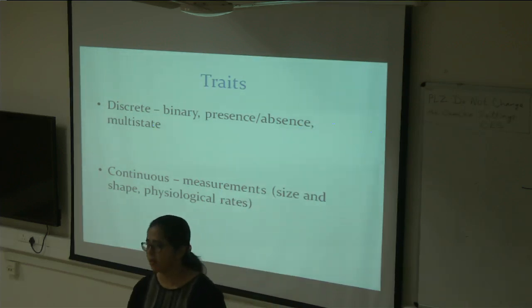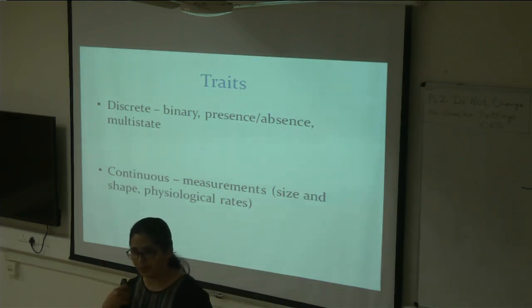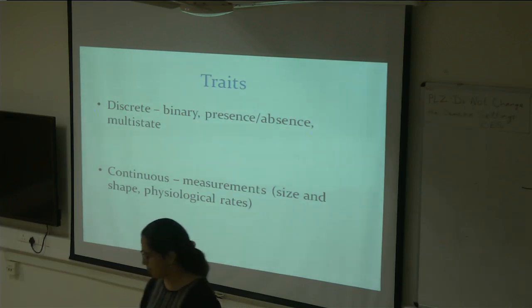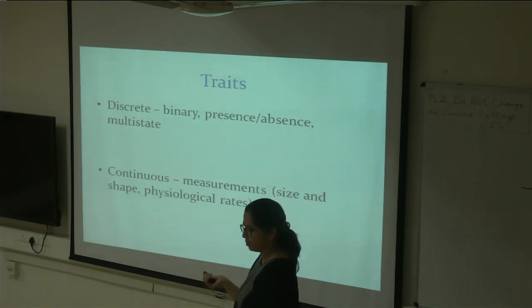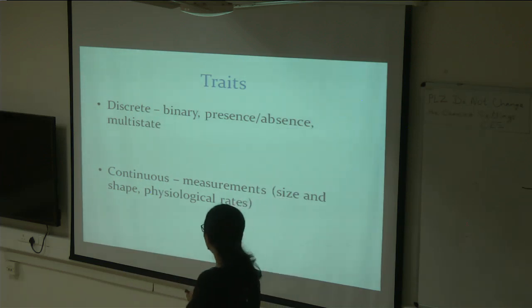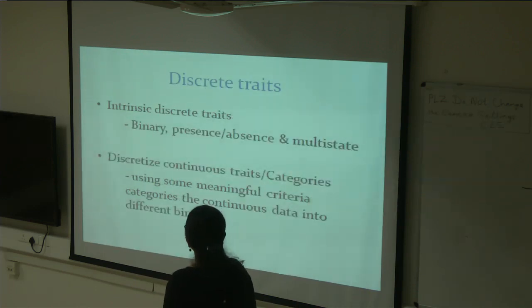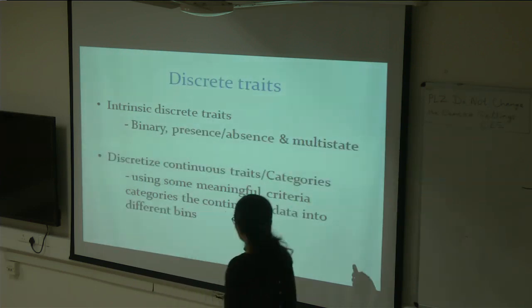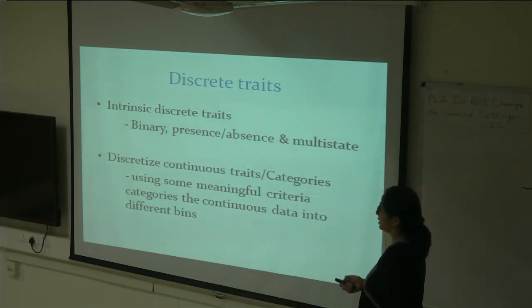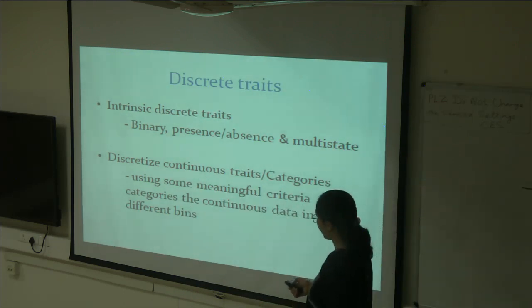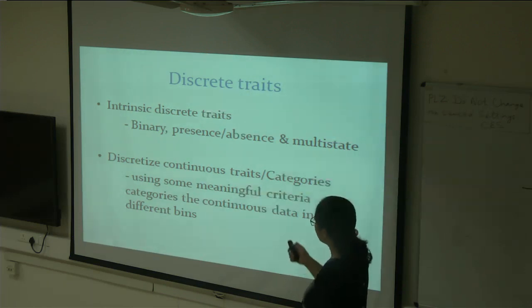If I'm measuring a frog, snout to vent length, body length, all these are continuous data types. So you can use both to understand trait evolution. You can discretize continuous traits if one has to, but these are different trait types and you can use both.